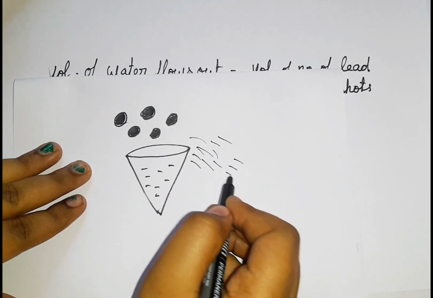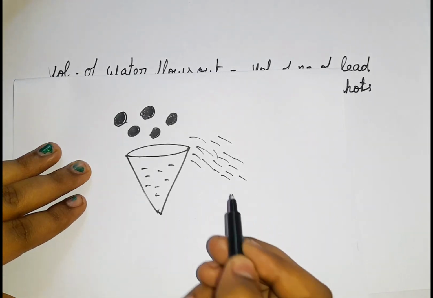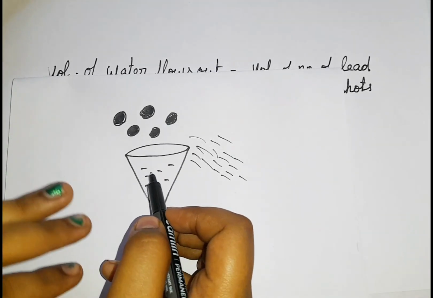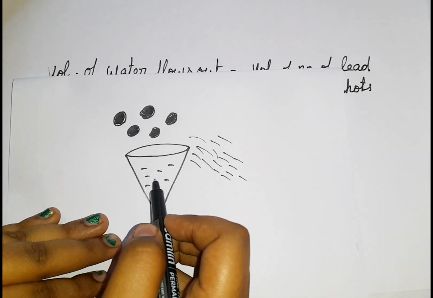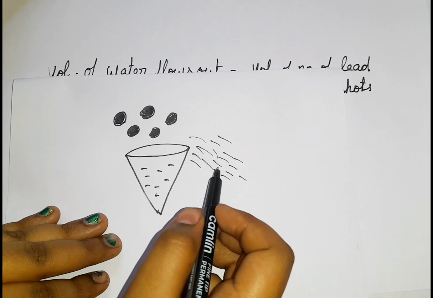Am I right? You can see here, this is water, so a lot of water will flow out. Why? Because however many lead shots we throw inside the vessel filled with water, that much water will flow out.